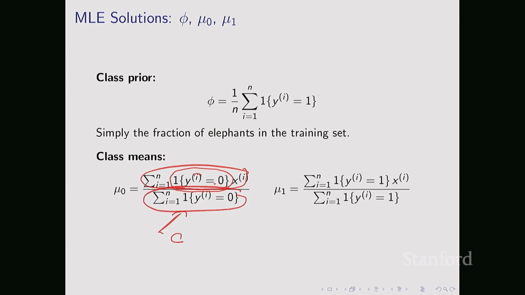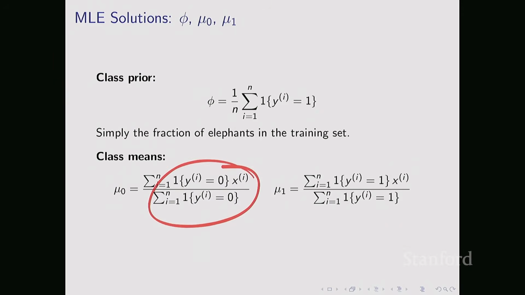This is the most obfuscated way you've ever seen to compute the average. Take all the points, add them up, divide. All the cats, all the elephants. Clear enough in the notation?